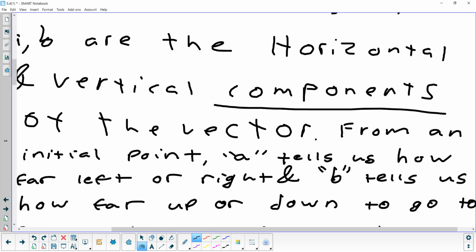And B tells us how far up or down. If A is negative, it means we moved left. If B is negative, it means we moved down. If they're both positive, it means we moved right and up.